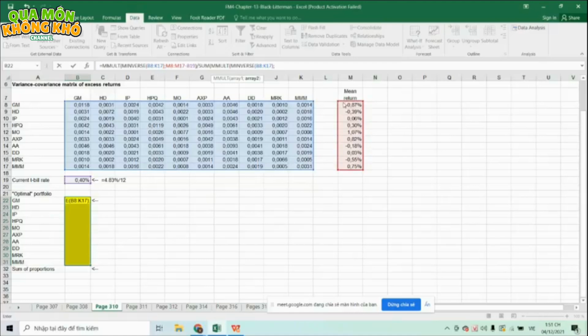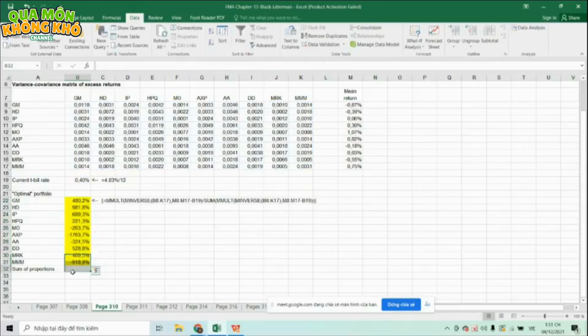The mean return minus the rate. We will take the sum function for this.